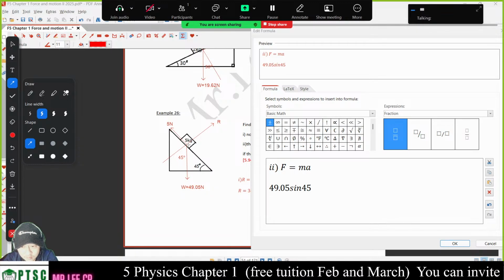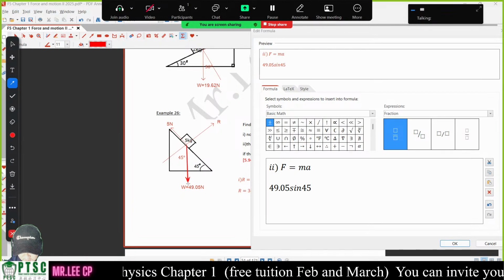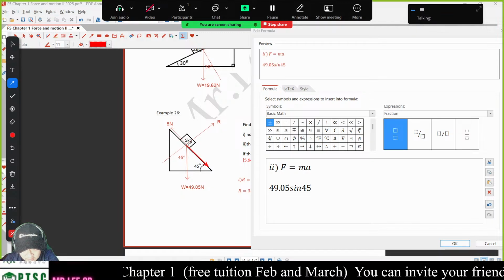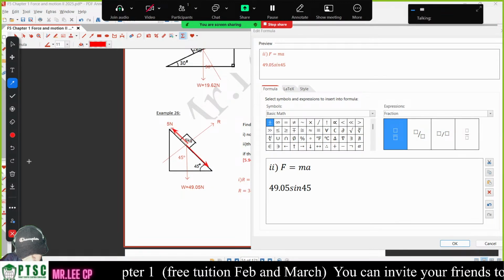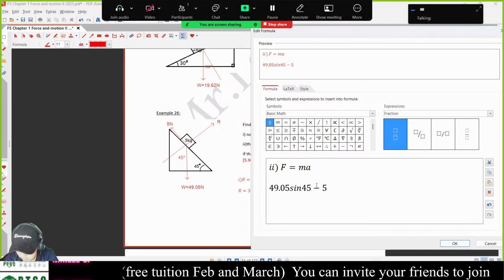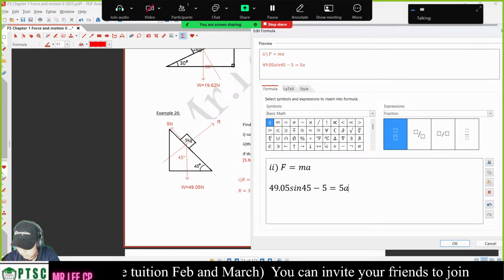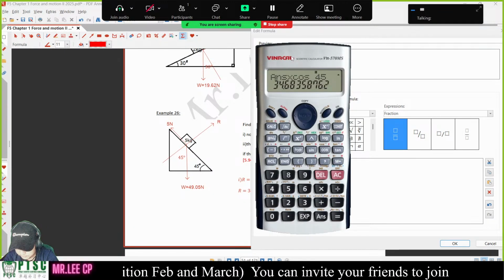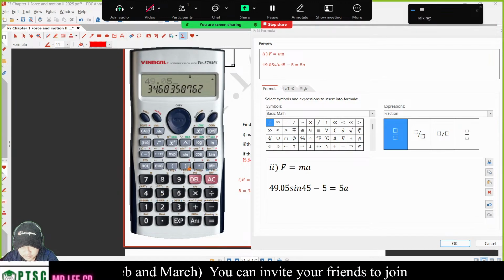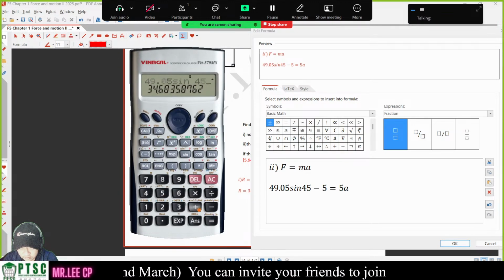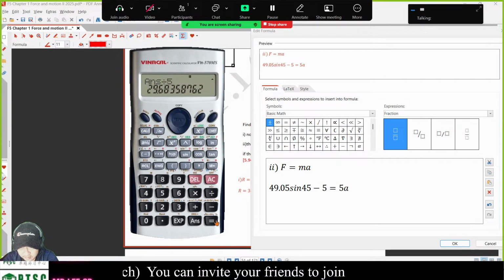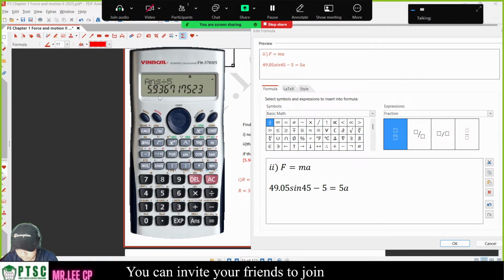One more time. So this 49.05 I bring to here, not touching 45, right? Minus the friction, minus 5. Equals 5a. So 49.05 sine 45 minus 5, divided by 5, I get 5.94.